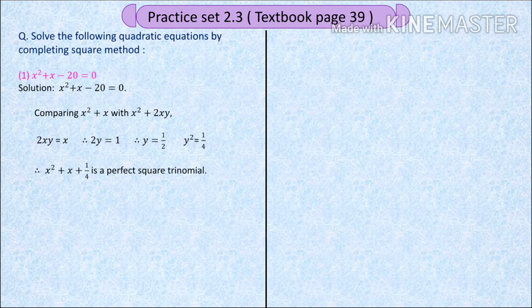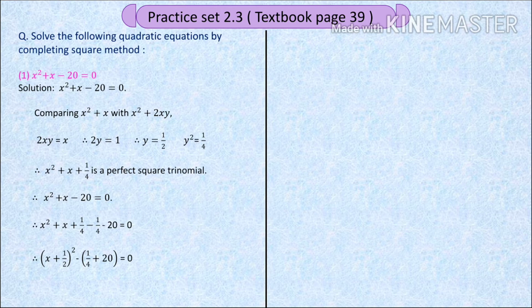See, x square plus x plus 1 by 4 is a perfect square trinomial. Then we can add and subtract that. So x square plus x plus 1 by 4 minus 1 by 4 minus 20 is equal to 0. Therefore x square plus x plus 1 by 4, that is the square of x plus 1 by 2 whole bracket square.